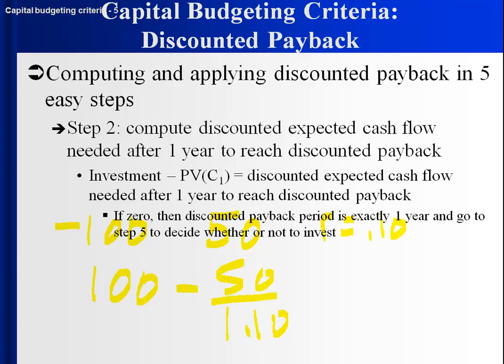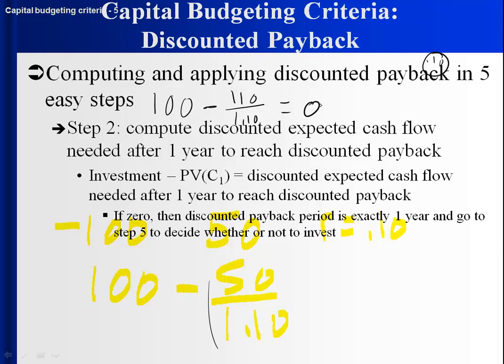Now again, if that's zero, what that means, let me change the numbers a little bit. Suppose you need 100, the discount rate, which is the cost of capital, is 10%, and in the first year you expect 110.